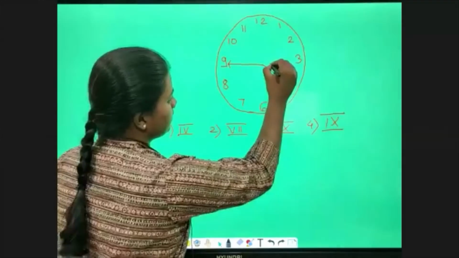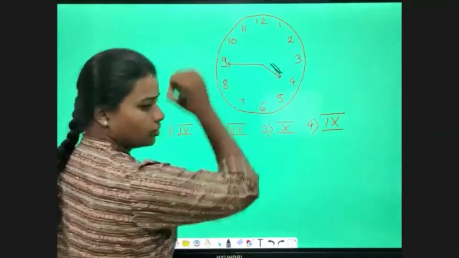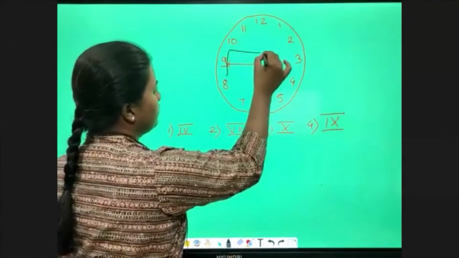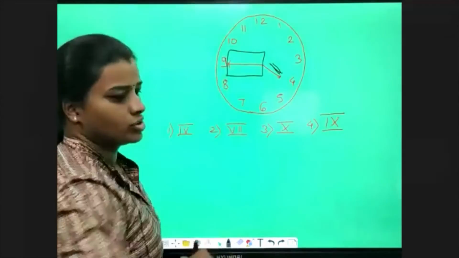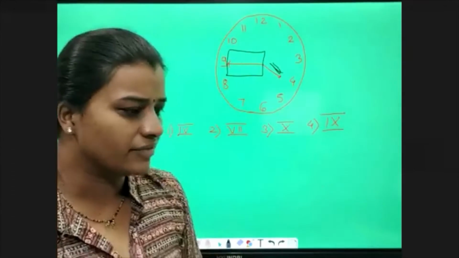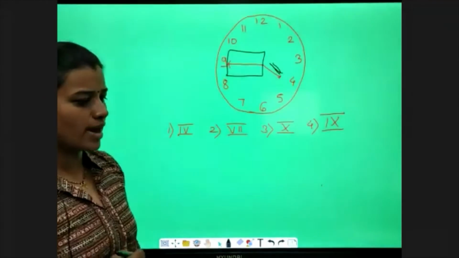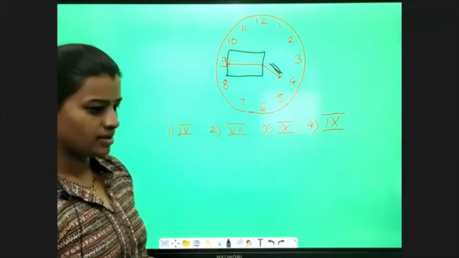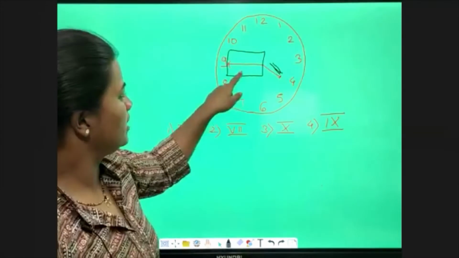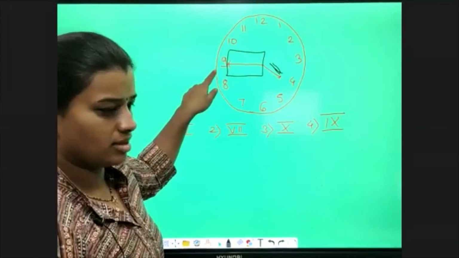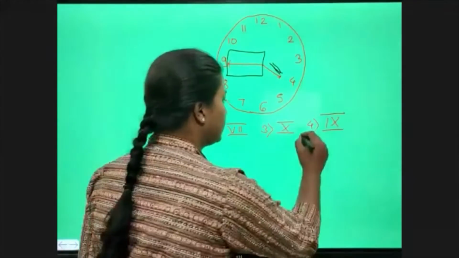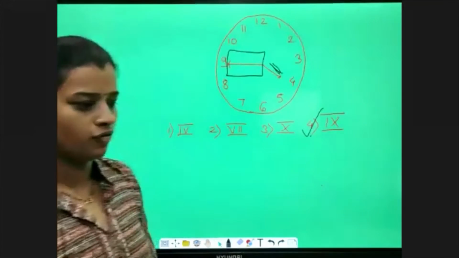This one is our hour hand, and this one is the minute hand. So they are asking us on which, Shrushti, see where you are going wrong. Shrushti, you have to answer. Yes. So the minute hand is on Roman numeral 9. And in Roman, we write 9 in this way. That is option number 4.